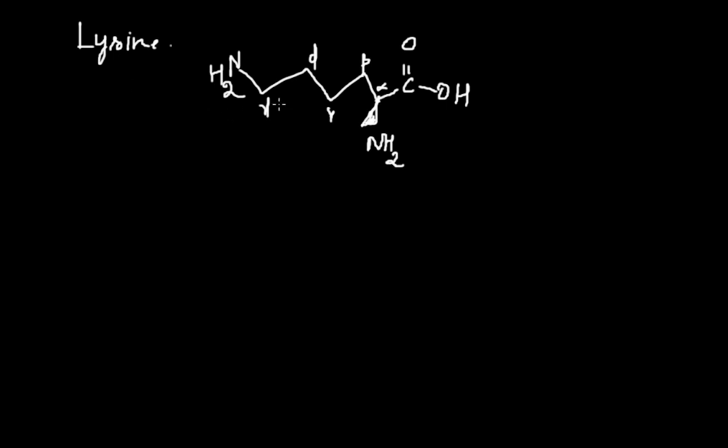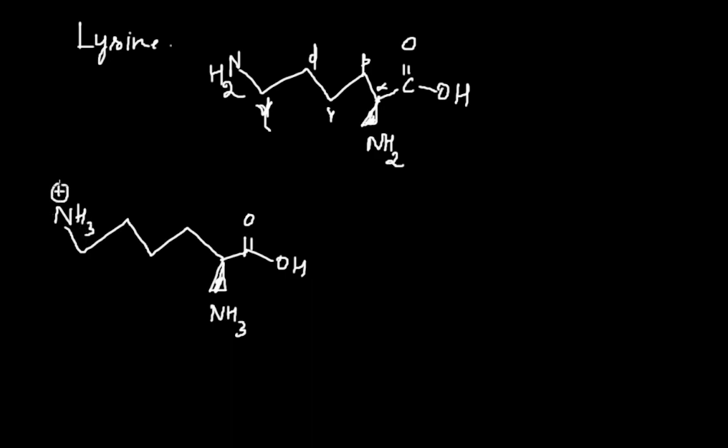So this is the general formula of lysine. At a lower pH, the dicationic form of lysine is present, which means because there are two amine groups, the form present is the dication. So this is your dication of lysine.